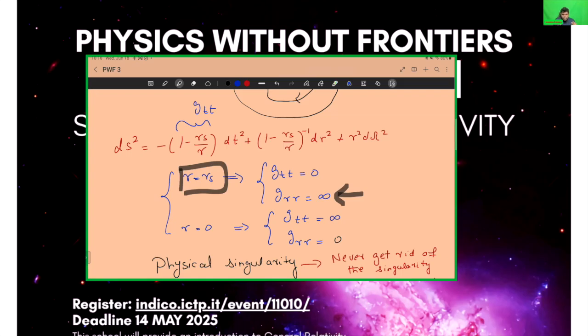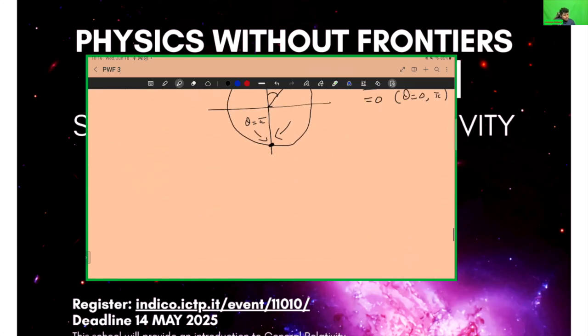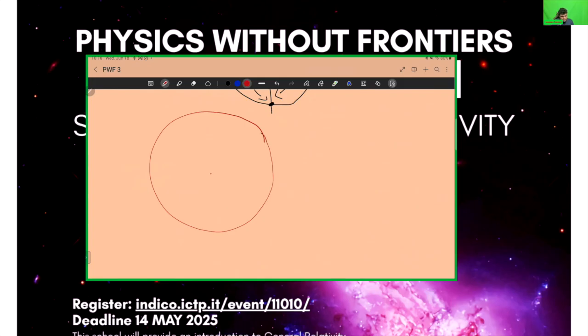Okay. Is there another argument to show that there is nothing wrong at this particular point? Yes, there is an argument to show that. How do you show that? Let me tell you. If you consider this path, so this is the Schwarzschild radius, which is r equals 2GM. Let's go to a radius which is bigger.